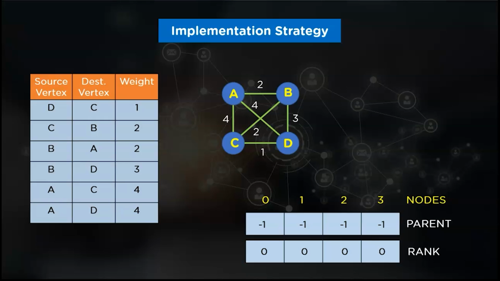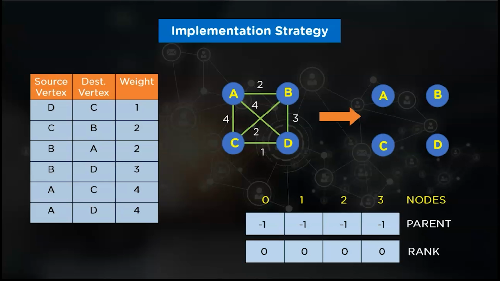Those disjoint sets are parent and rank, and they will include the rank value and parent value for every node in our graph. Initially, all the nodes are in their own different sets. Hence, we'll set their parent values to -1. Also, the ranks for these nodes will be initialized to 0 at the beginning because we haven't included them in our minimum spanning tree. Having said that, let's include the nodes of our graph in our MST.